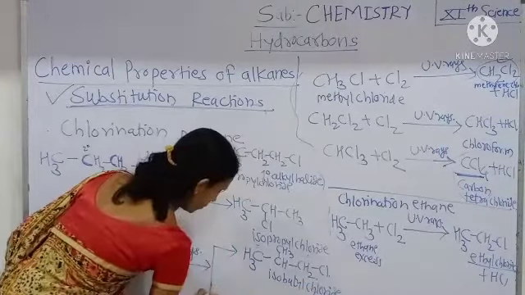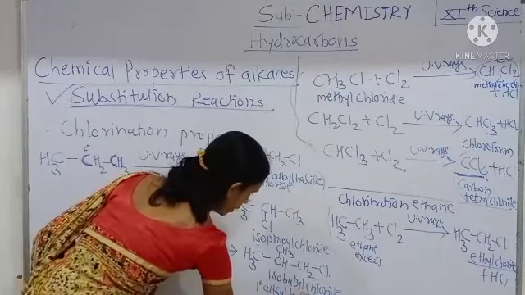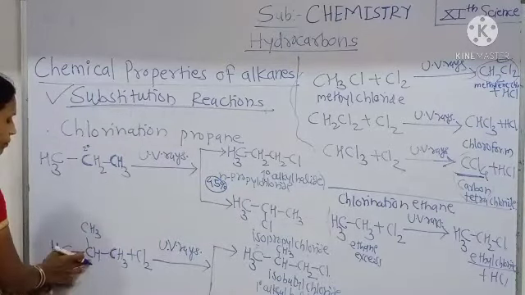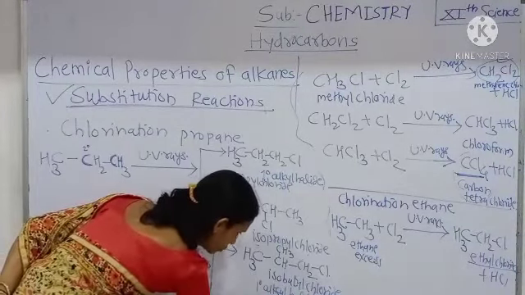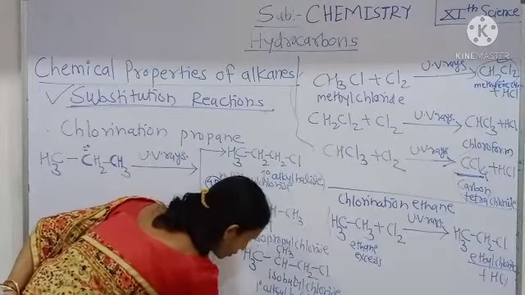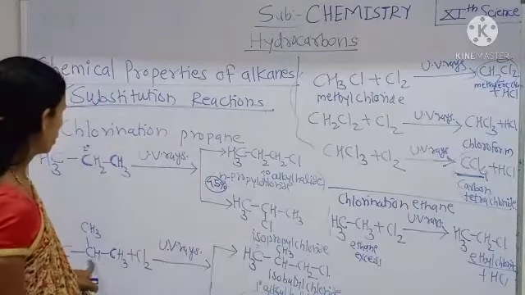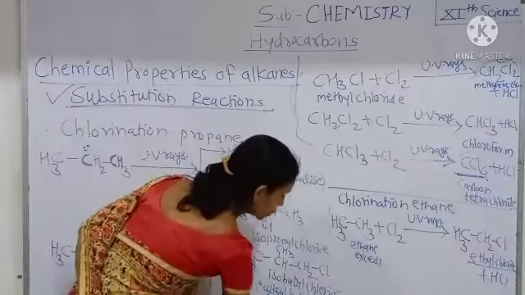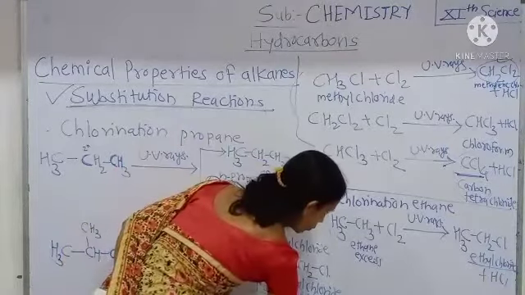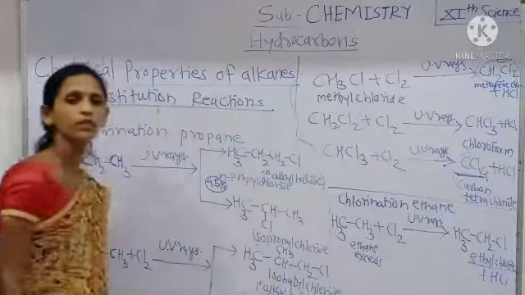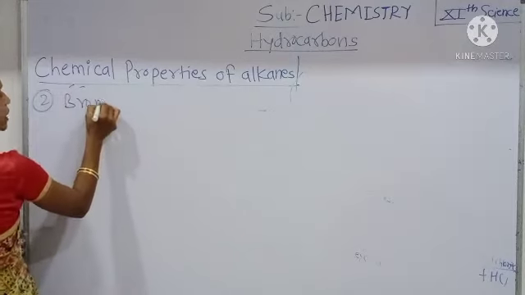And when the hydrogen atom of the tertiary carbon atom is replaced, it gives a tertiary alkyl halide, that is tertiary butyl chloride, and tertiary butyl chloride is the major product.